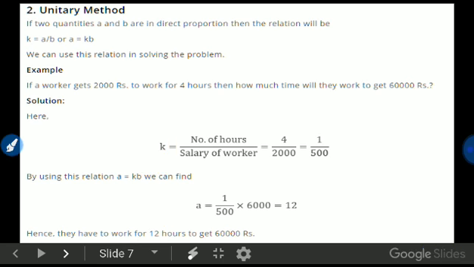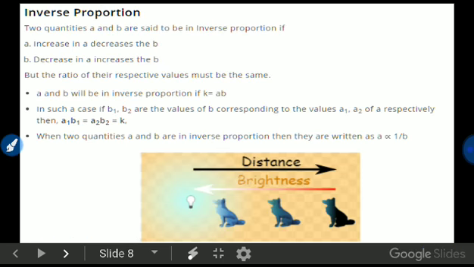Now, inverse proportion. Two quantities A and B are said to be in inverse proportion if A increases and there is a decrease in B. That means when one part increases, the other part decreases, and when one part decreases, the other part increases. But the product of their respective values must be the same. So A and B will be in inverse proportion if K equals AB.